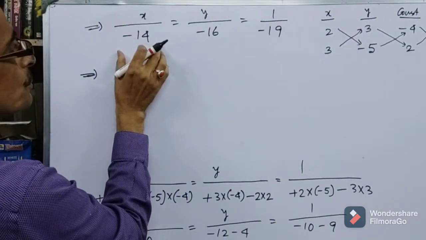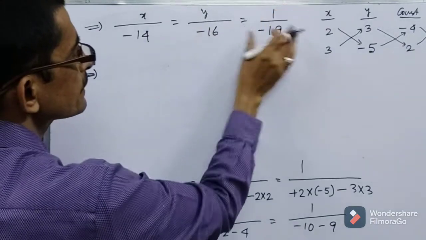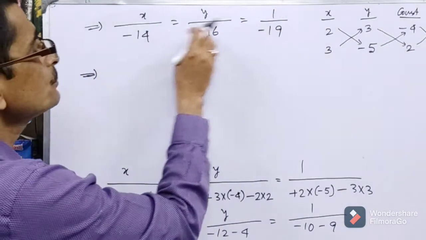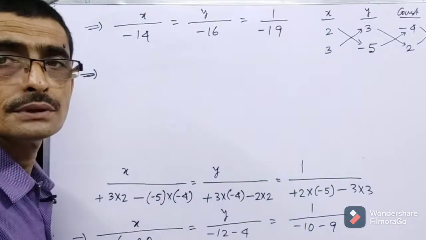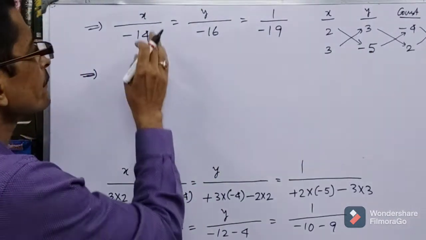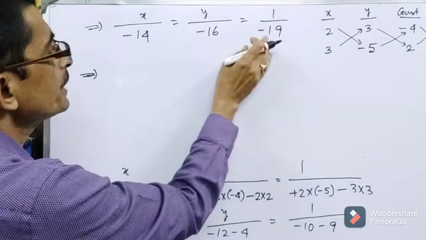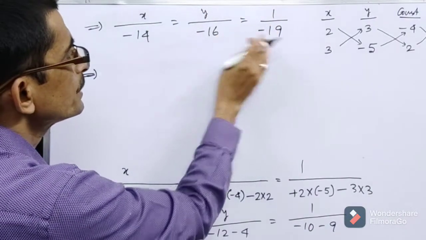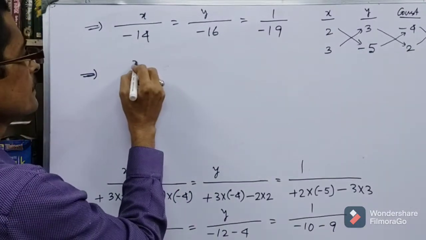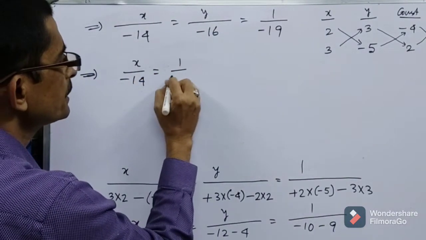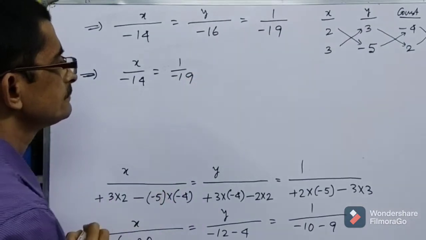This is one ratio, that is another ratio, that is another ratio. We have got 3 ratios whose values are equal. So we can equate these two and equate these two separately. X divided by minus 14 is equal to 1 divided by minus 19.